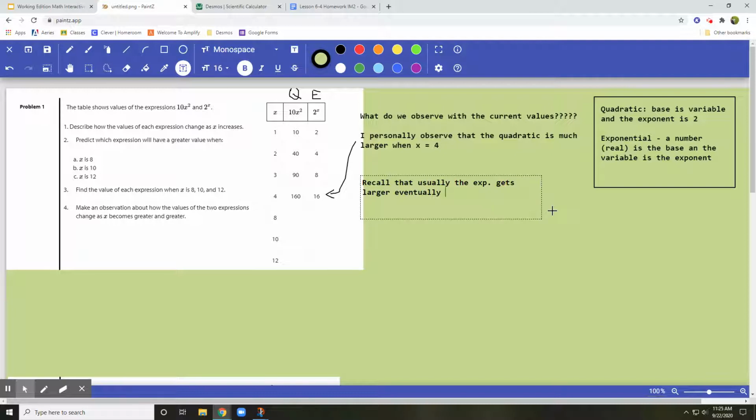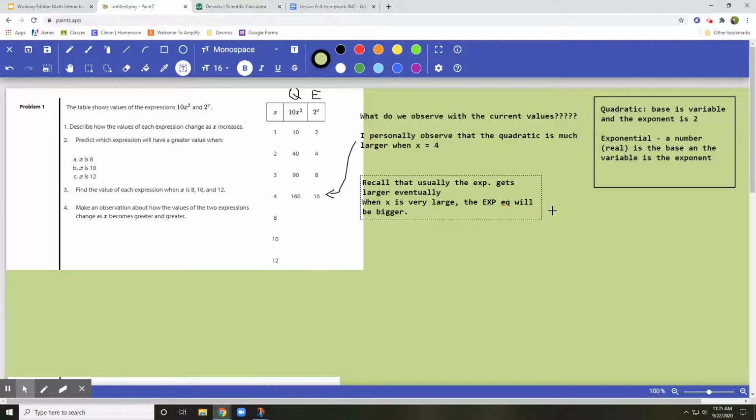We had several rounds of asking this question in different ways. I made it a warm-up at one point. When x is very large, the exponential equations or patterns will be bigger.